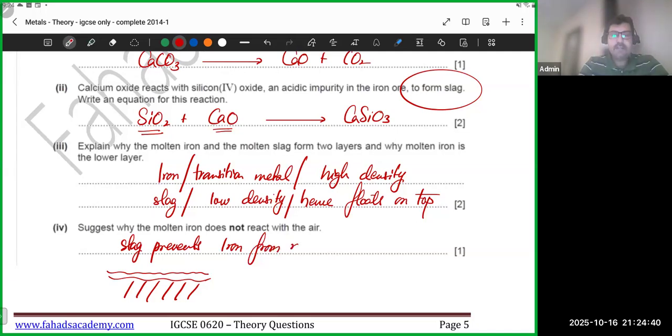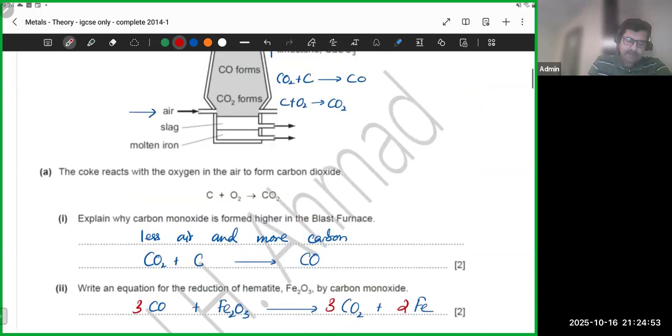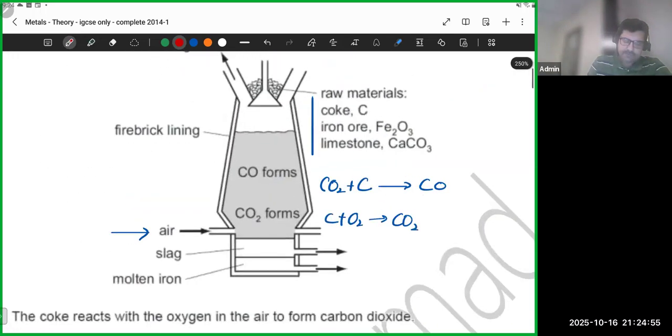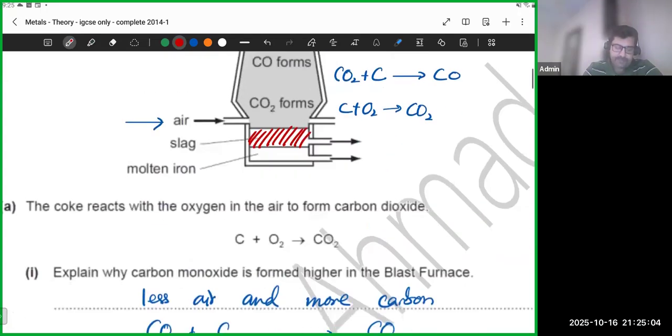It is also shown in the diagram that the slag is the upper layer, so slag is going to prevent it from reacting with air.